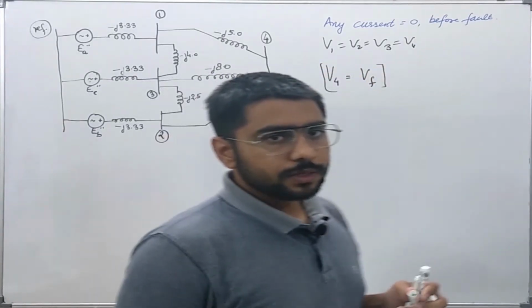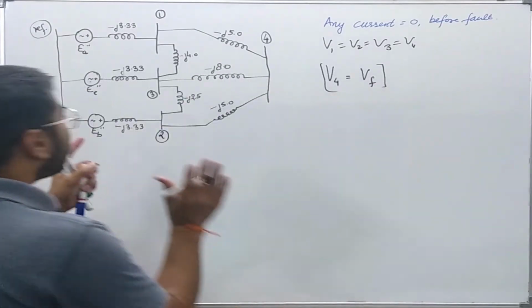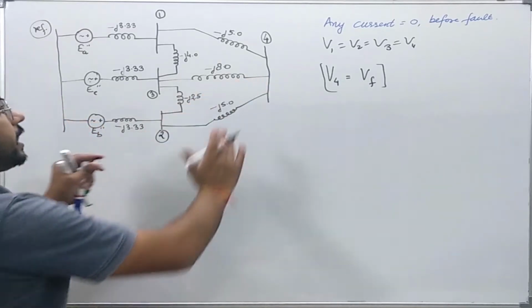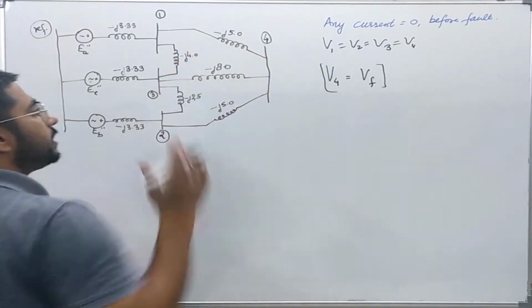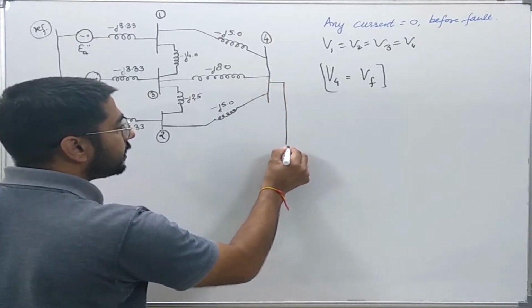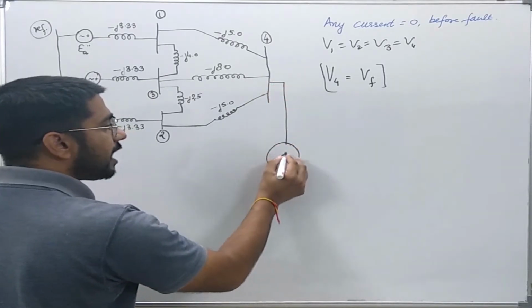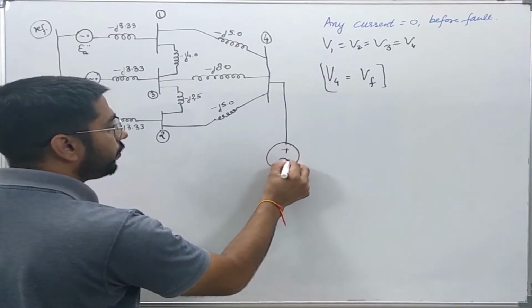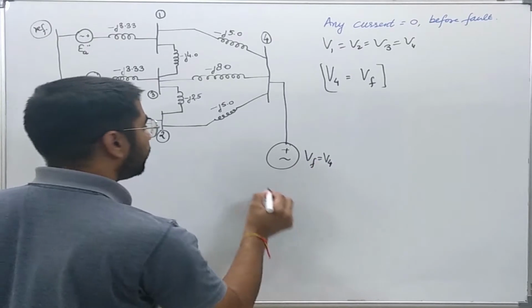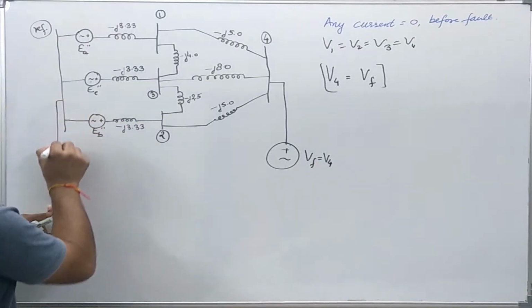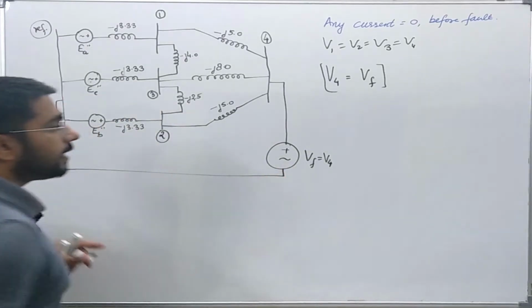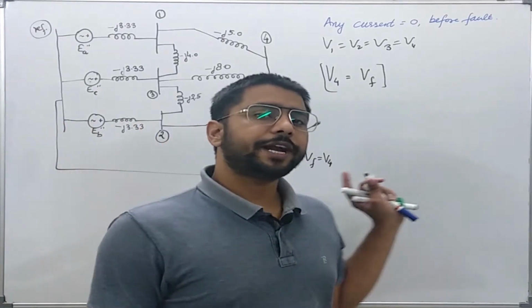Since there is no current flowing in the system and the voltage here is Vf, even if I connect a voltage source whose value is equal to Vf, which is V4, again there will be no current flowing into the bus.